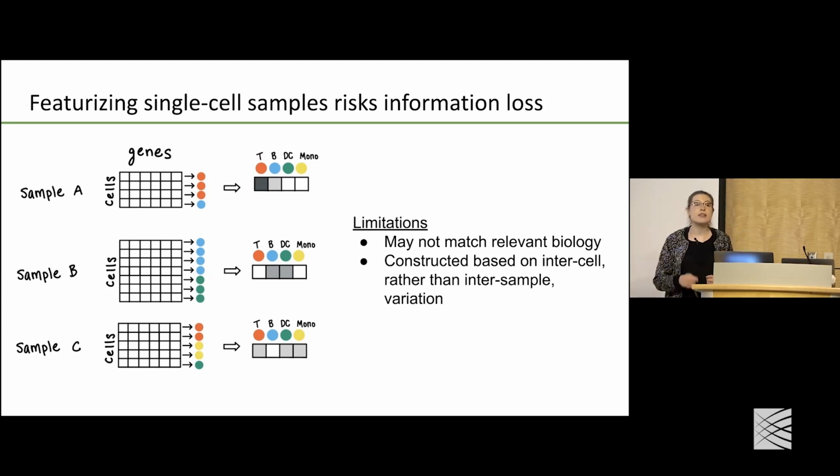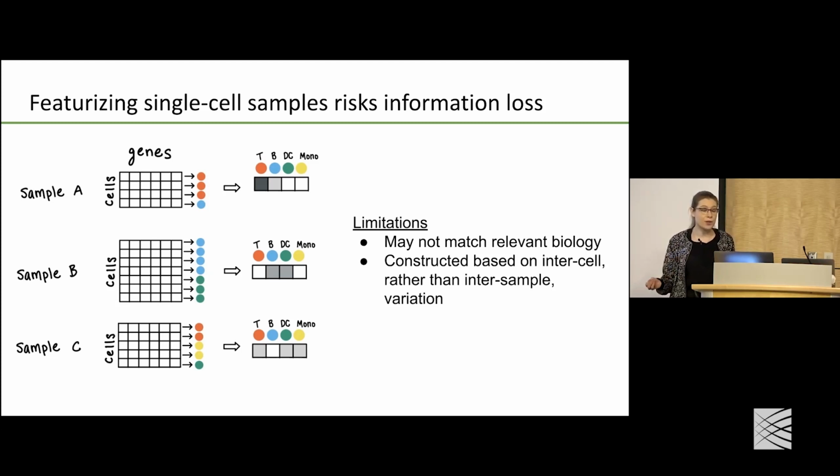In other words, there's no guarantee that clustering will capture the transcriptional structure that is most relevant for making our comparisons. The second limitation is that in doing clustering, researchers focus primarily on variation across cells, which doesn't necessarily correspond to variation across samples. You can imagine that one major axis of variation across cells could be stage in the cell cycle.